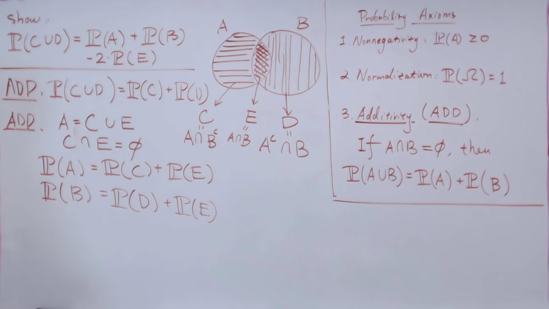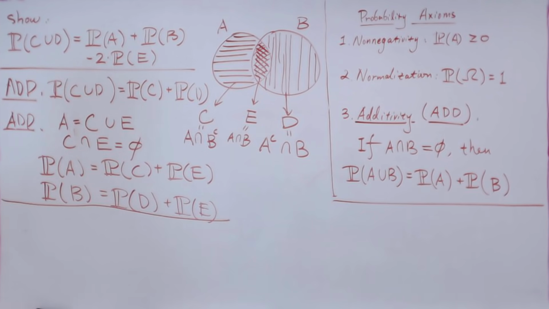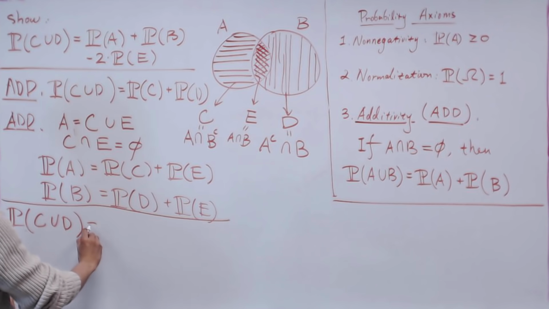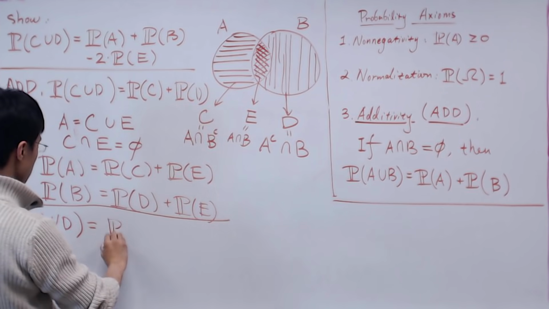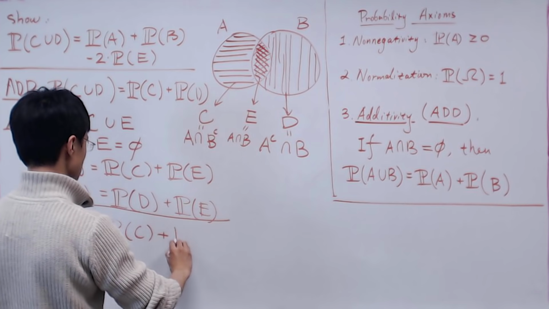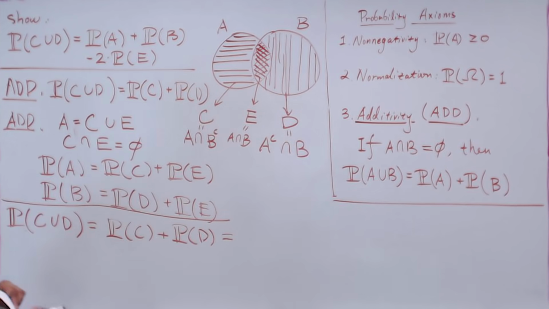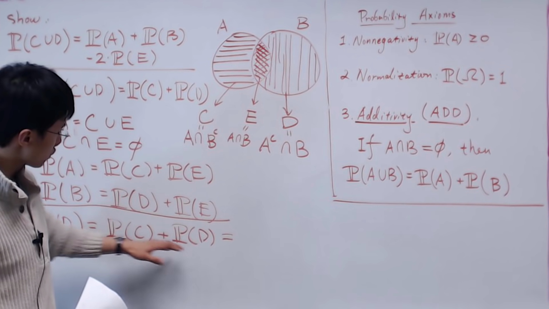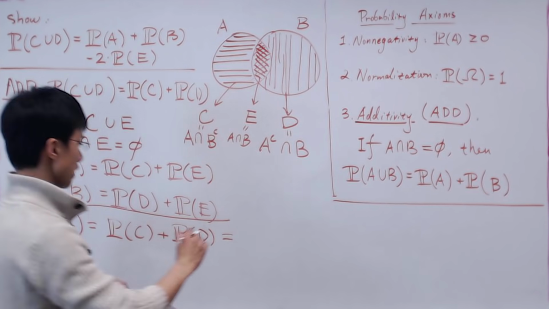So we again invoke the additivity axiom. Now, this should be enough to prove our final claim. We have the probability of C union D. By the very first line, we see this is simply probability of C plus probability of D. Now I'm going to insert two terms here to make the connection with the second part of the equation more obvious.